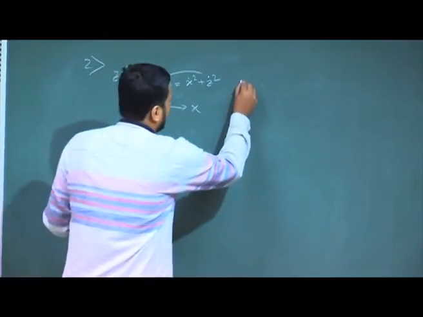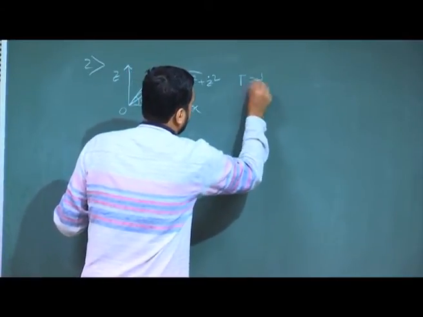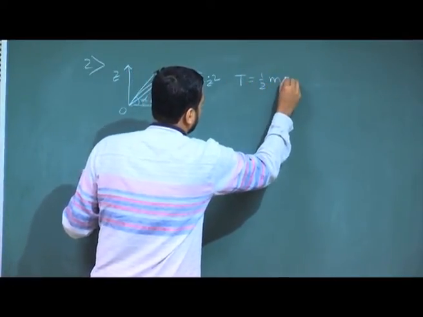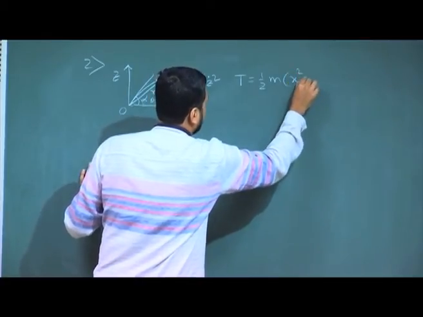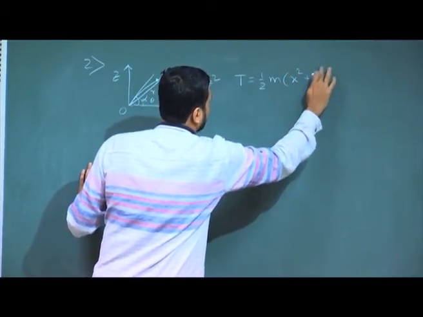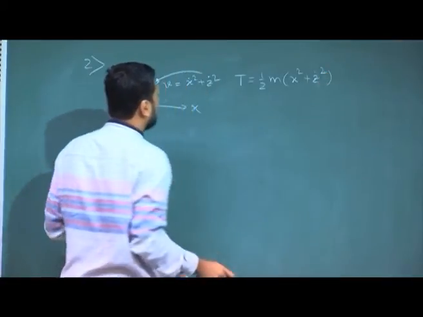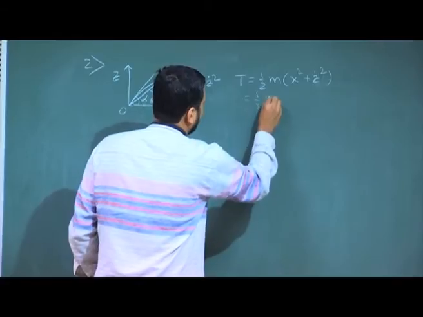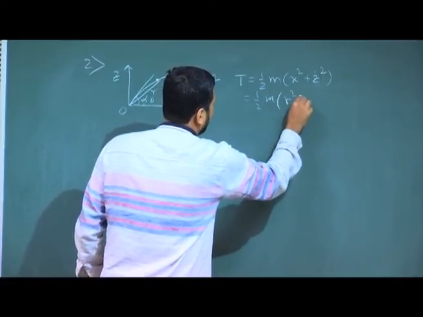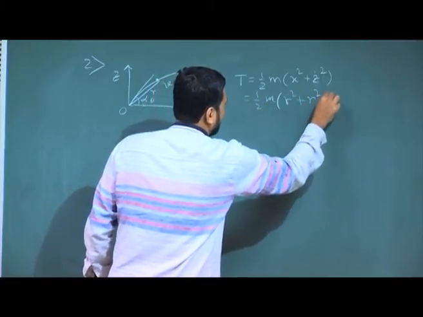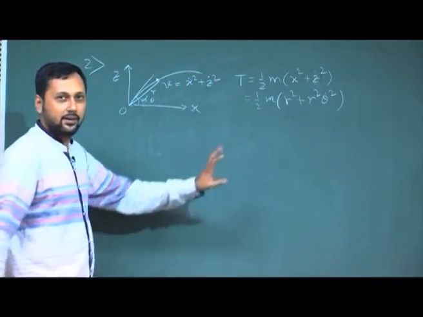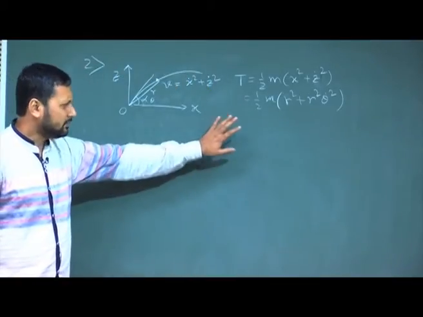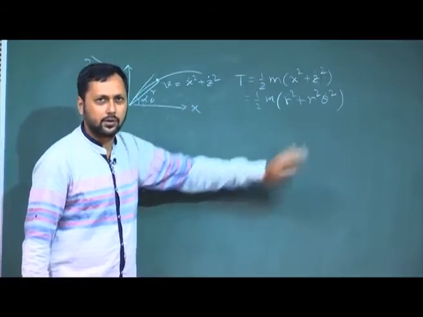Okay. So, kinetic energy T is given by half m v square, which will be x dot square plus z dot square. Now, if I write the same thing in polar coordinates, what will that be? Equal to half m r dot square plus r square theta dot square, is it not? I suggest you build up on this one.